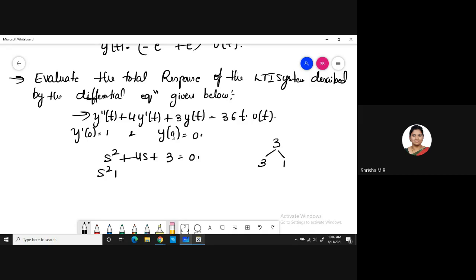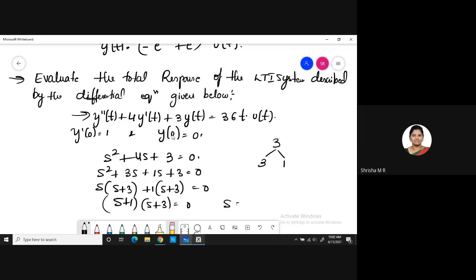So s square plus 3s plus 1s plus 3 is equal to 0. So s into s plus 3 plus 1 into s plus 3 is equal to 0. So you'll have s plus 1 and s plus 3 is equal to 0, where your roots are s is equal to -1 and s is equal to -3.